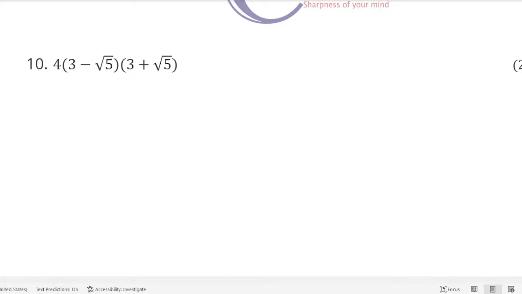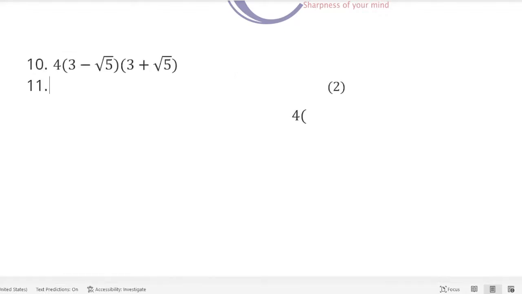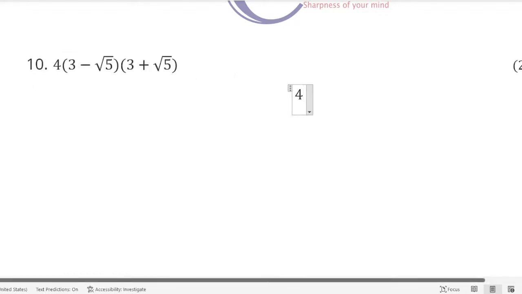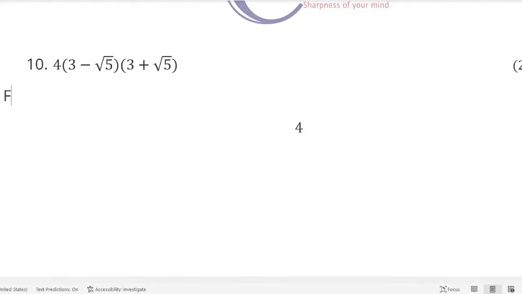So here we have 4 into 3. Remember, applying FOIL here, you are applying FOIL. FOIL means first terms.